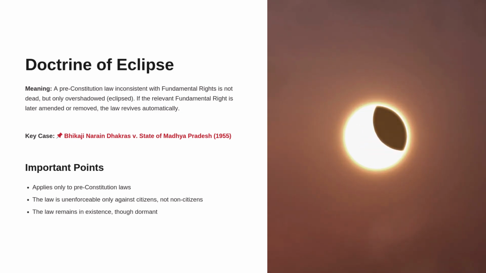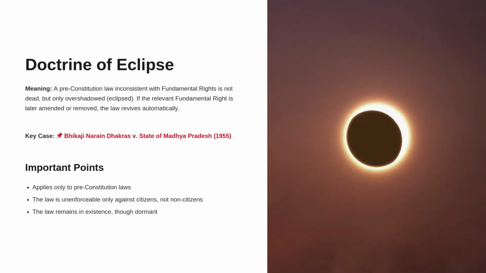But if the same fundamental right is later amended, and as per the amendment the law that was inconsistent and eclipsed becomes consistent with the now amended fundamental right, then it revives automatically. So, this was the doctrine of eclipse under Article 13.